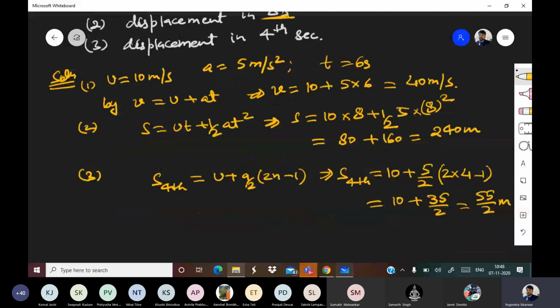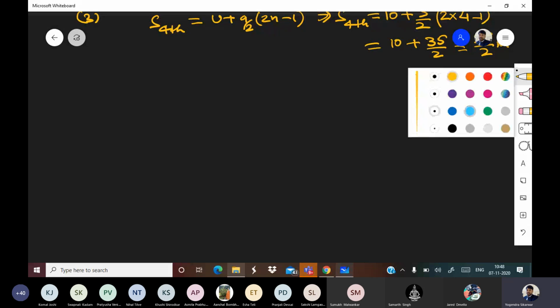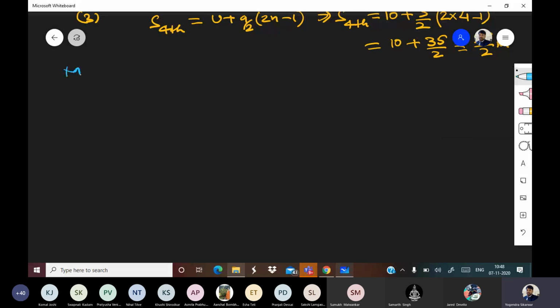Now we are going to talk about motion under gravity. So, if any object is allowed to fall freely near Earth's surface, then its motion is called motion under gravity.